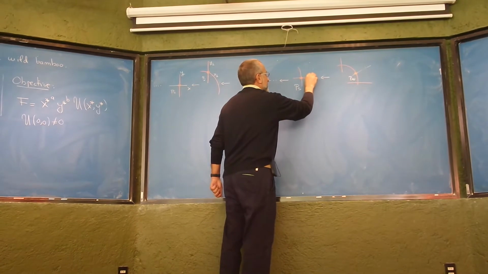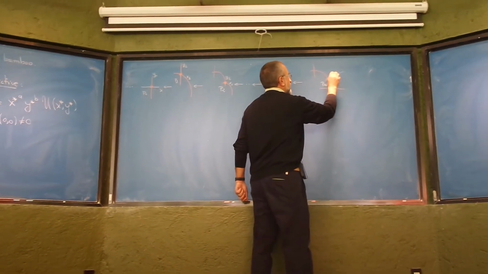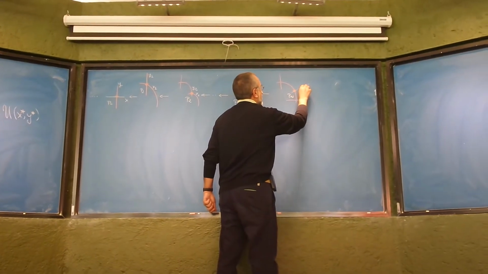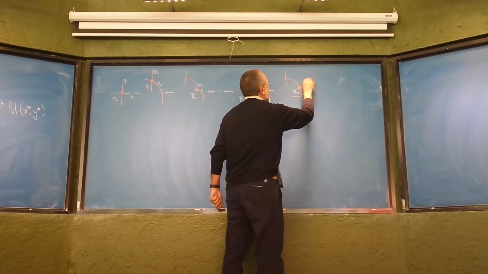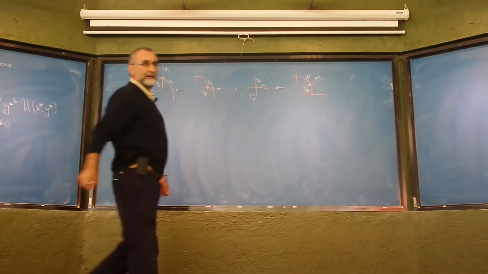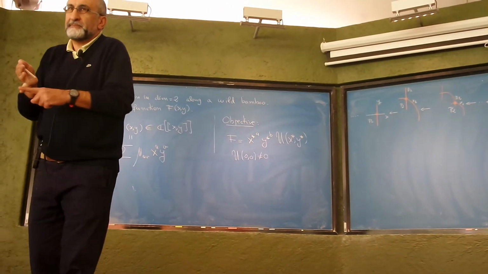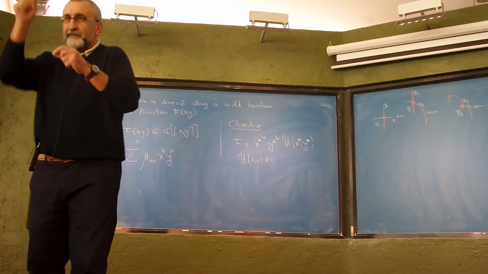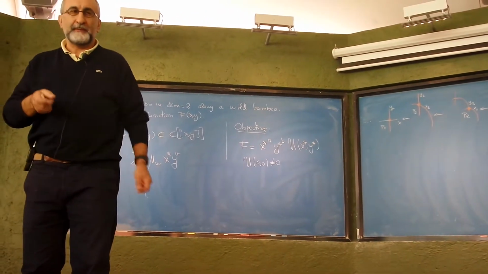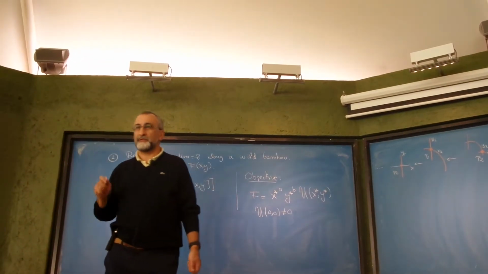Here, xs, ys. And here, we have x prime, y prime. So, take a criterion. The criterion is if you have only one divisor, try to put it as x equal to 0.